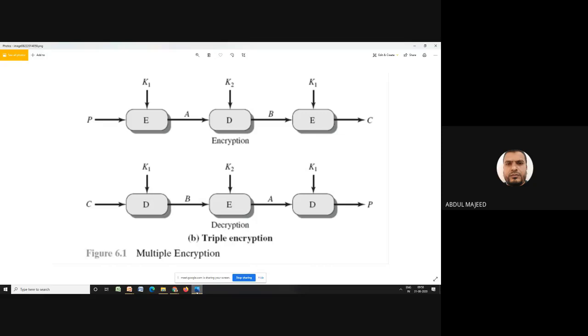That A you are giving as input to another process, the decryption process, with the key K2.